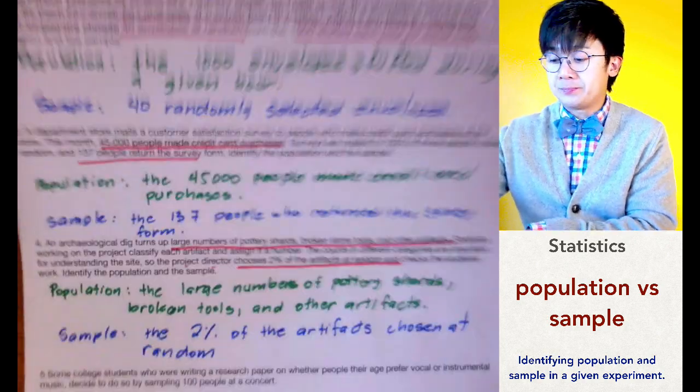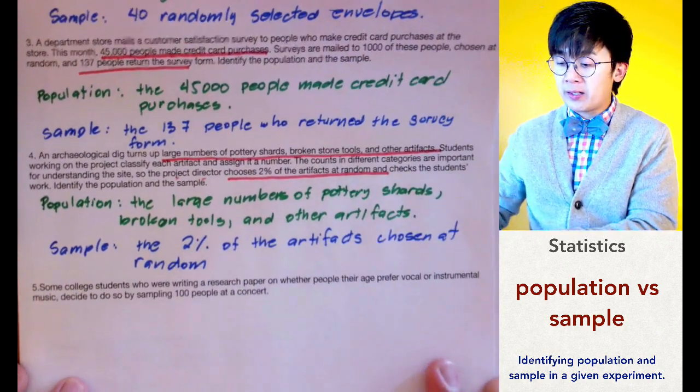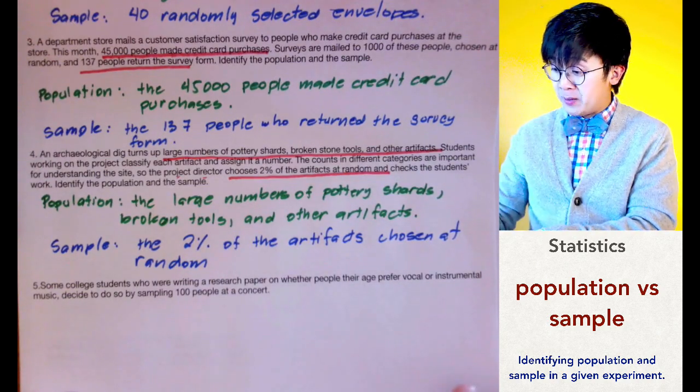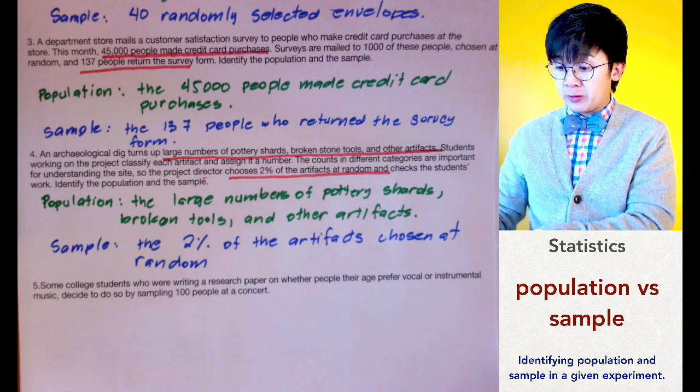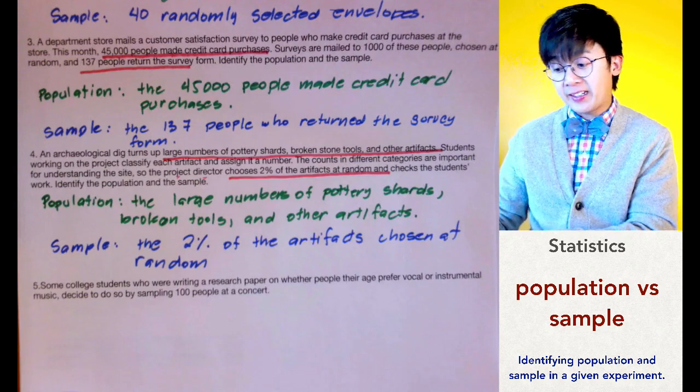And for the last experiment, some college students who were writing a research paper on whether people their age prefer vocal or instrumental music decide to do so by sampling 1,000 people at a concert.